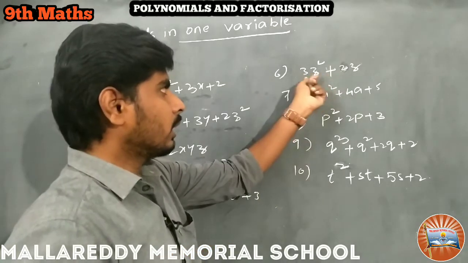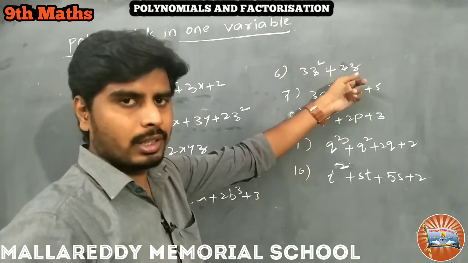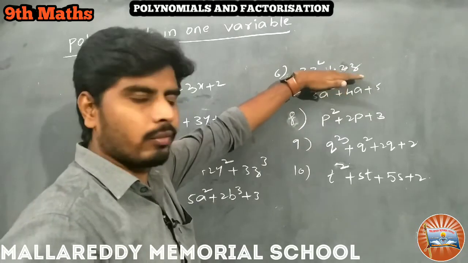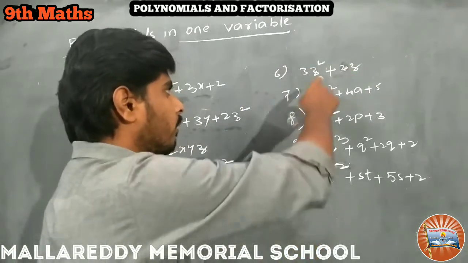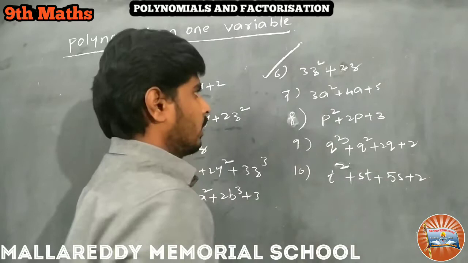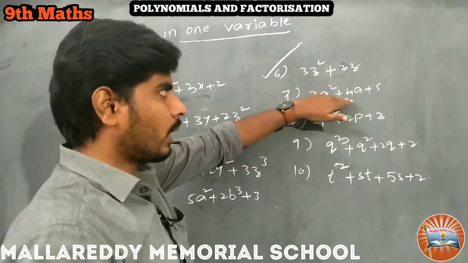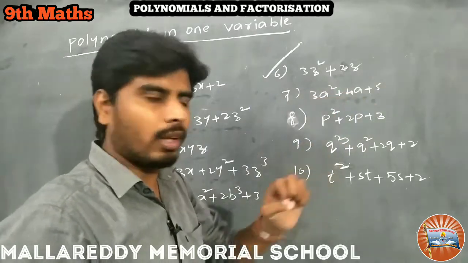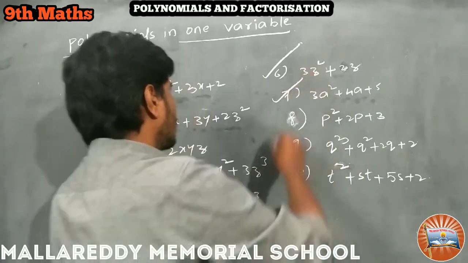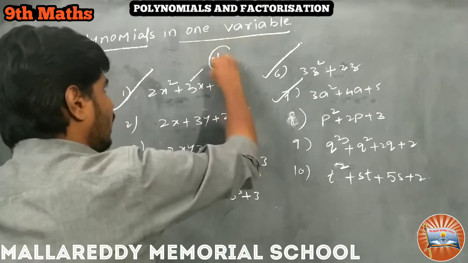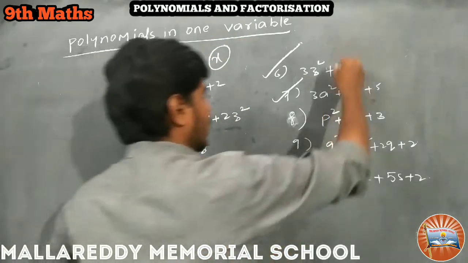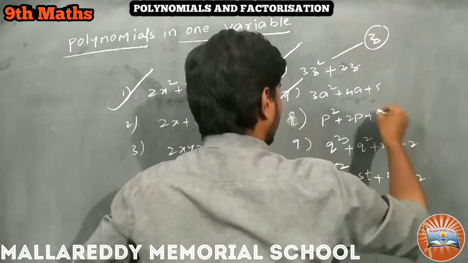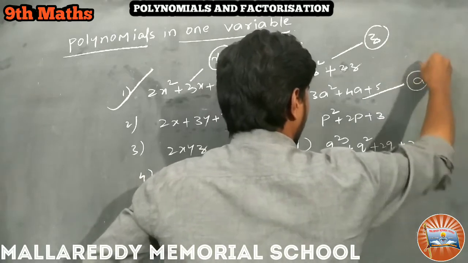Coming to the sixth one, 3z square plus 2z. This is also a one variable polynomial, so the involved variable is only one. Coming to the seventh one, 3a square plus 4a plus 5. How many variables are involved here? Only one variable, that is a. So here the variable is x, here the variable is z, here the variable is a.